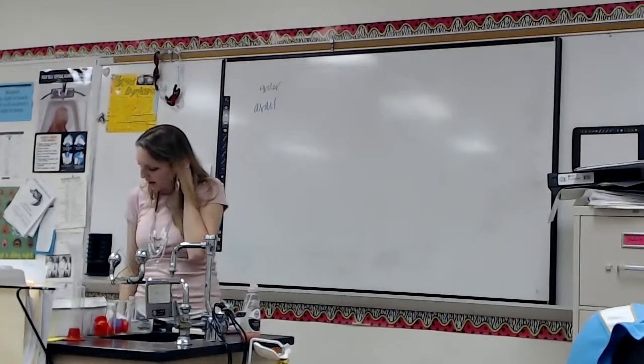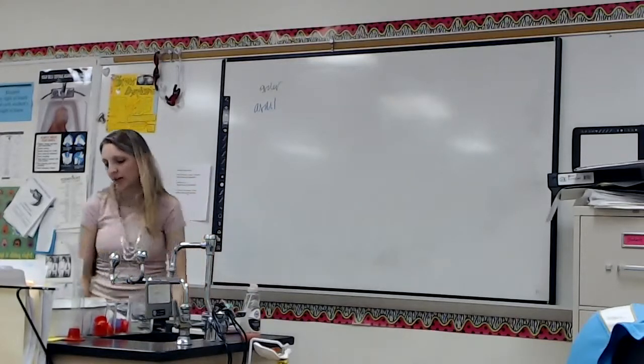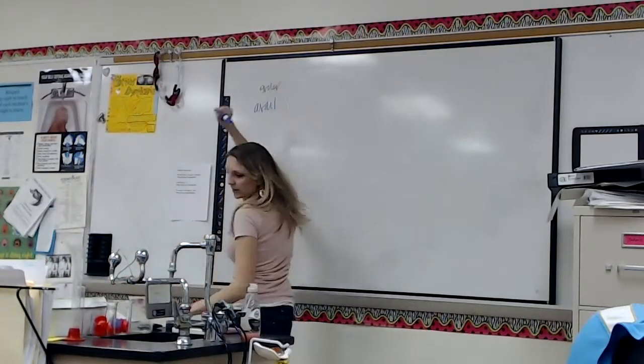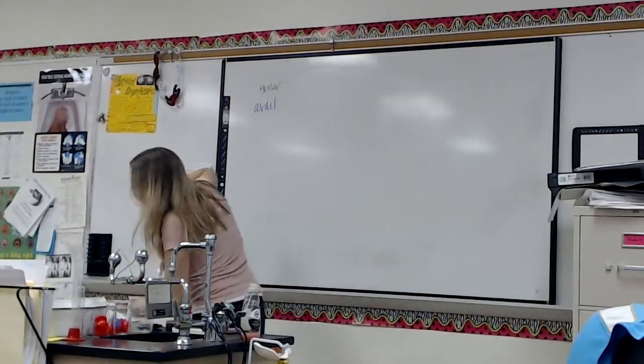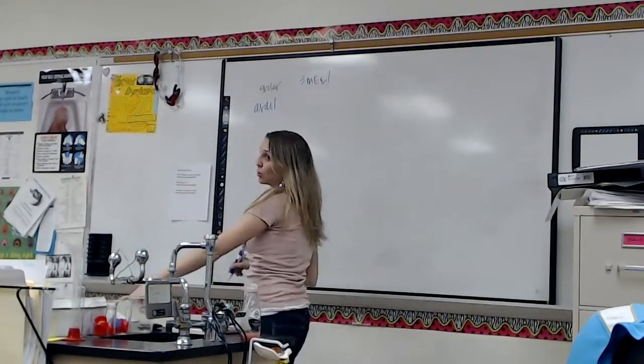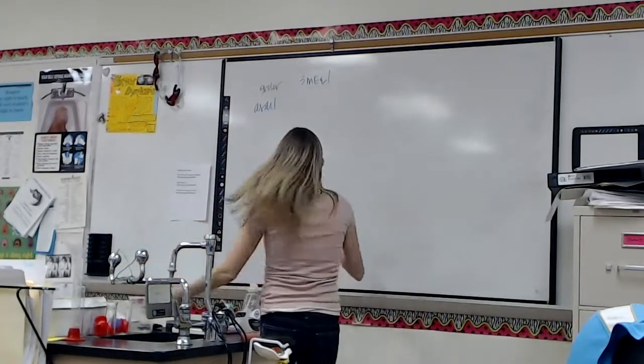Okay, let's do 8. Physician orders sodium bicarb 3 milliequivalents per kilogram every 8 hours IV for a patient weighing 156 pounds. These will always be ordered in milliequivalents. You're not going to have to change milliequivalents.